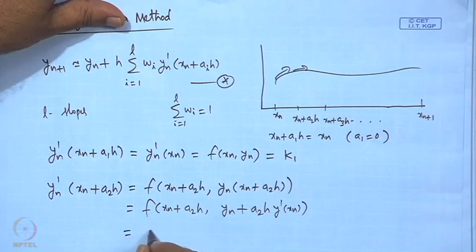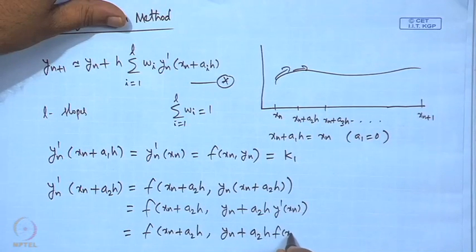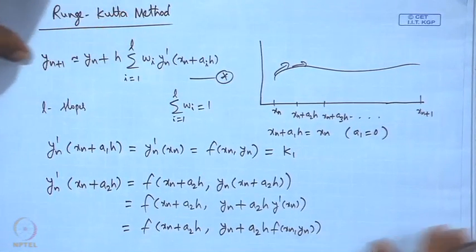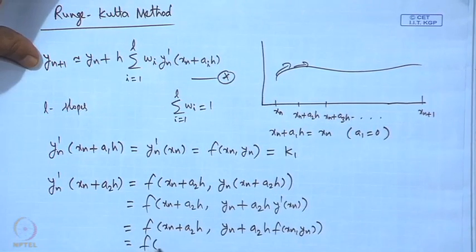So, this is y n plus a 2 h times y dash of x n, which is f. Further, this can be generalized in the sense that this equals f of x n plus a 2 h, y n plus a 2 h k 1. So, I introduced k 1 there.